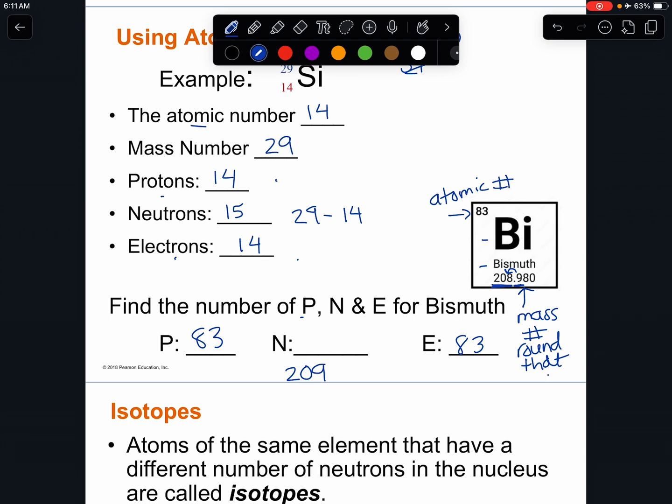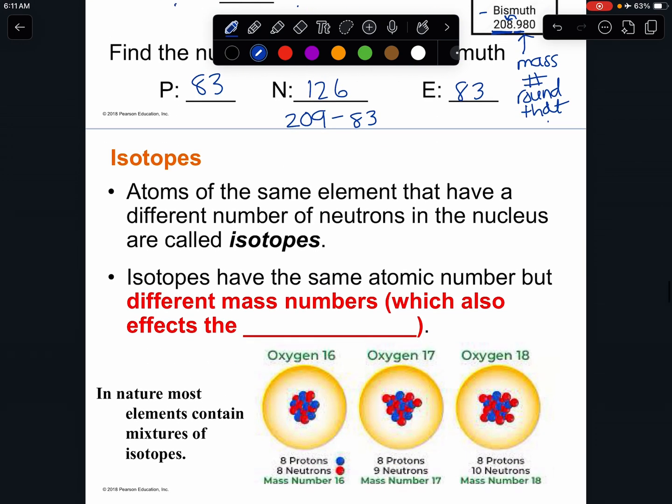You look at the next number. If it's 5 and above, you round it up. If it's 4 and below, you keep it what it is. So mass number minus atomic number, or number of protons, gets you 209 minus 83. You will always have a calculator in this course as well, so do not worry. It is 126. Okay? So that is for neutral atoms.